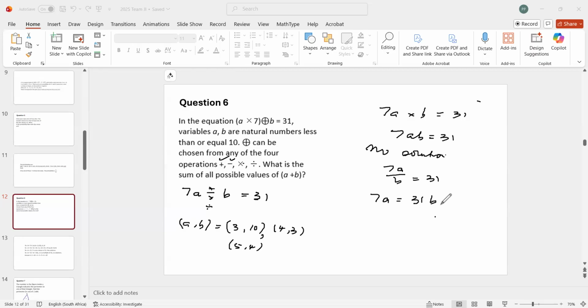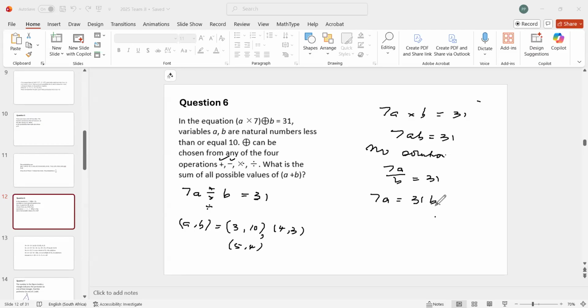Now that means this is a multiple of 7, which means that B will have to be 7, but then A is 31. See, 7 is not a factor of 31. 31 has got no factors, but this is a multiple of 7 anyway.